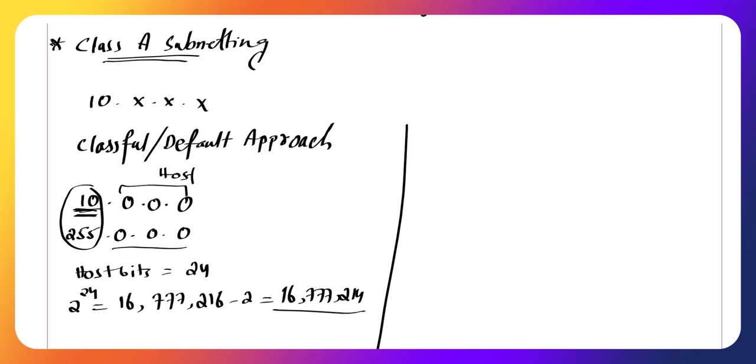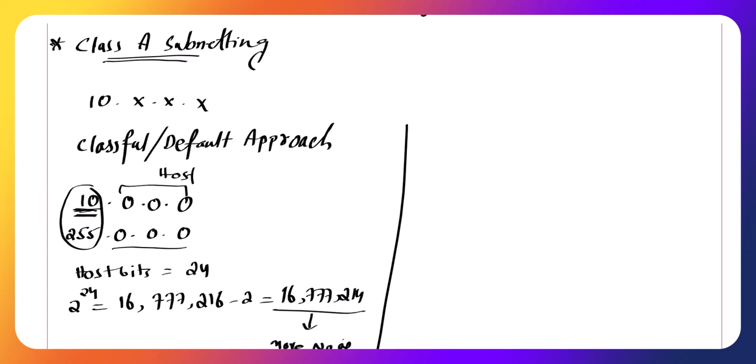Obviously this is more than our requirements. I don't believe that in the world we have a network which needs 16 million hosts per single network. So the default approach gives us this limitation. As we discussed the limitation in the previous lecture, it gives us a larger number of hosts per network.